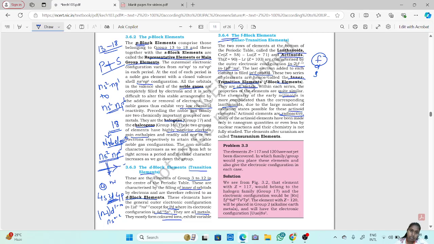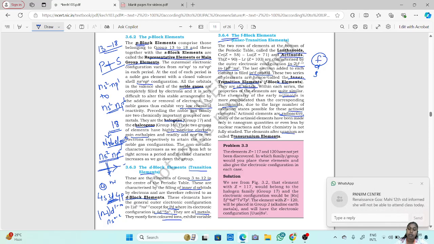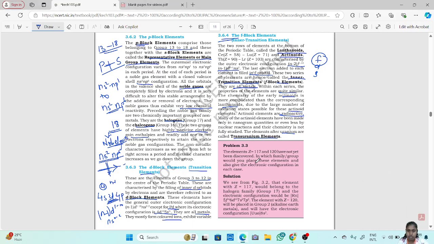So many of the elements present in the actinoid series are either produced in nanograms, that is in very small quantity, or they are the product of nuclear reactions, and their chemistry is not fully studied. So the elements after uranium are called transuranium elements. Okay, whatever elements come after uranium, they are called transuranium elements.